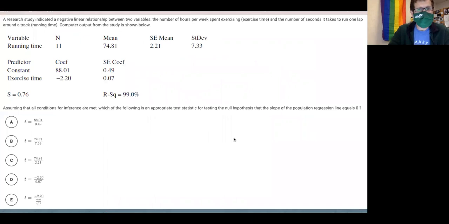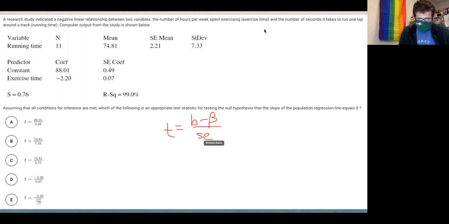Now we're looking at this. This is a test statistic. Sure, let's just do this one real quick. Hopefully you can figure this one out before too long. Our test statistic looks like this: b minus beta divided by, I'm just going to write standard error because the actual equation doesn't matter. Our beta is always a 0, so it's just going to be b divided by standard error.